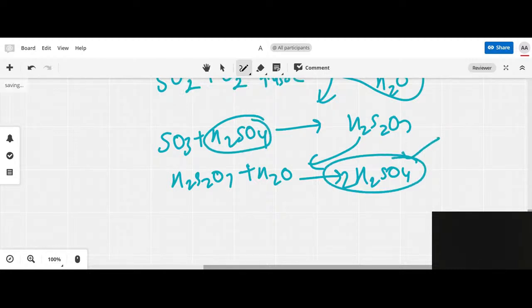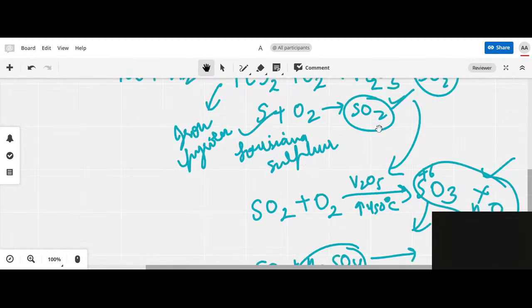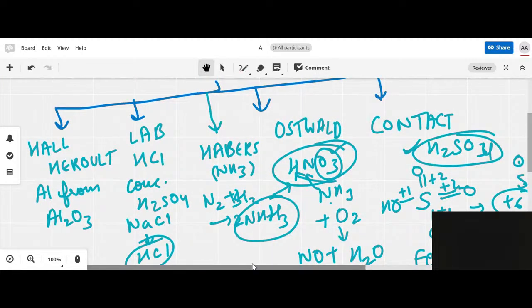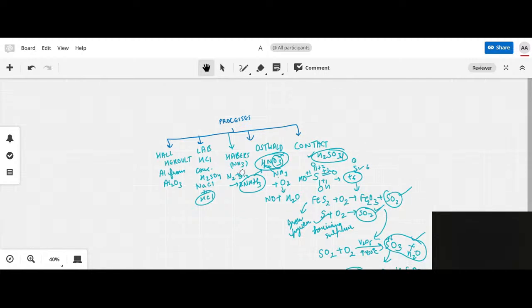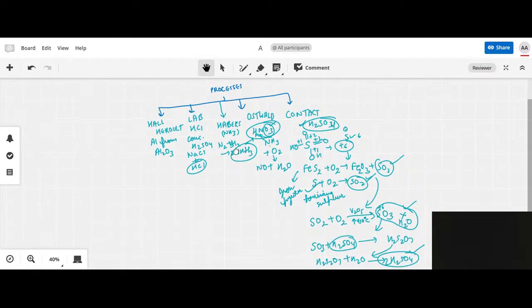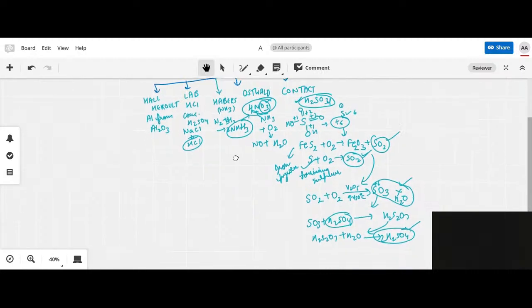That's how things happen, and we'll go in depth in the contact process because there might be many doubts. So just have a look at all the processes at a glance, and then we'll go in depth into all of them one by one. Perfect.